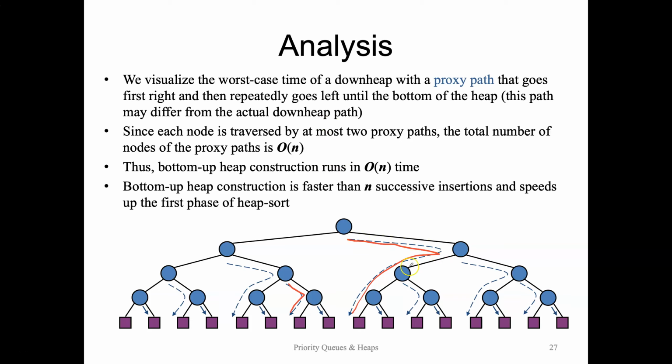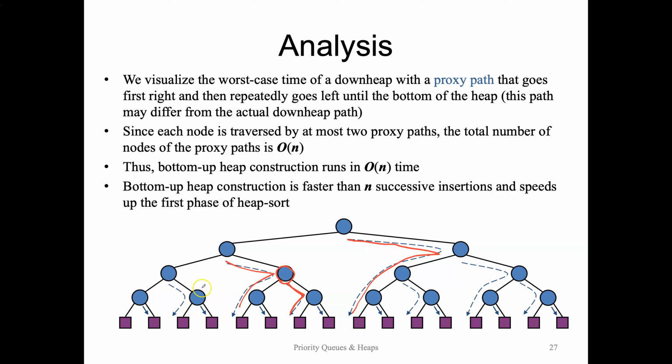So when we visualize it this way, we can see that every node is traversed by at most 2 proxy paths, meaning that that position would be swapped at most 2 times. So this is coming from, let's say for this node, when is this swapped? As a part of its own proxy path and also as a part of its parent's proxy path.